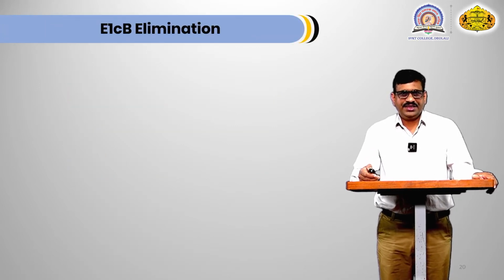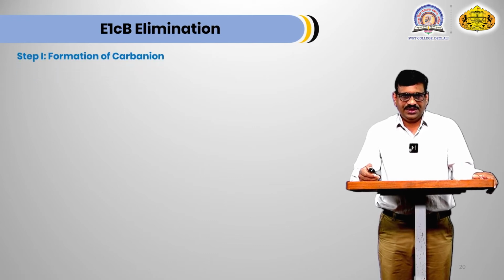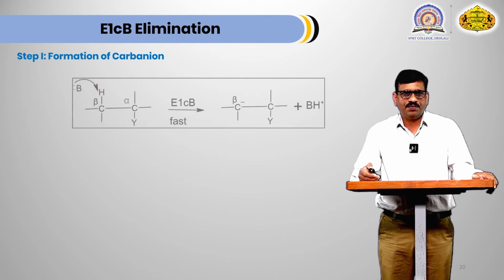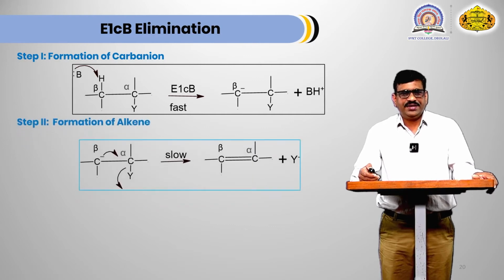The third type of reaction is E1CB elimination. In E1CB elimination, the first step is formation of a carbanion. The base abstracts the beta hydrogen and there is generation of a carbanion. And in the second step, the negative charge or the electron pair which is present on the beta carbon is utilized for formation of a carbon-carbon double bond between the alpha and beta carbon atoms.